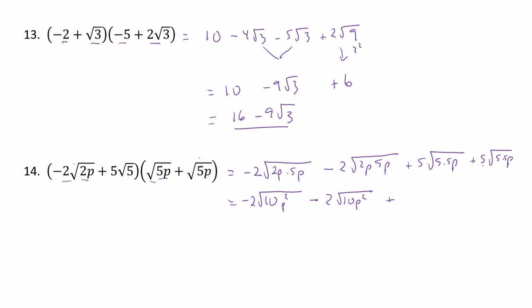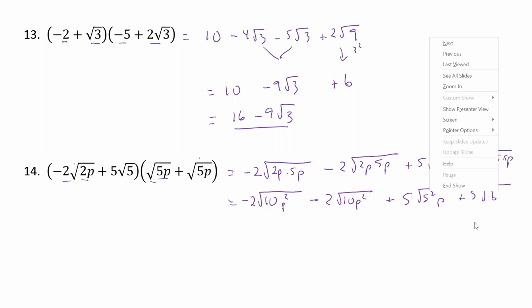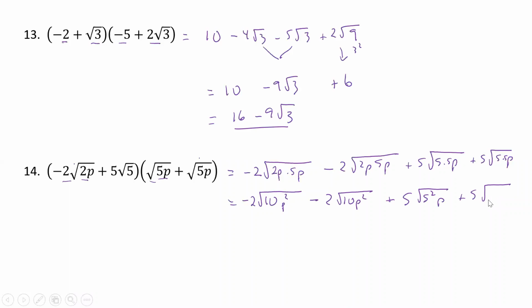Now what about the next one? Those next two are going to be the same, so it's going to be 5 times the square root of 5 squared p plus 5 times the square root of 5 squared p.